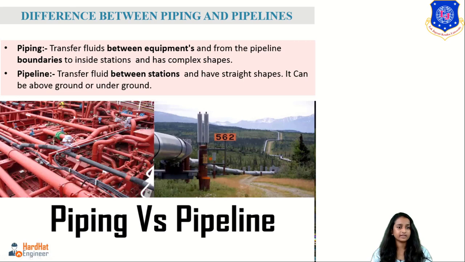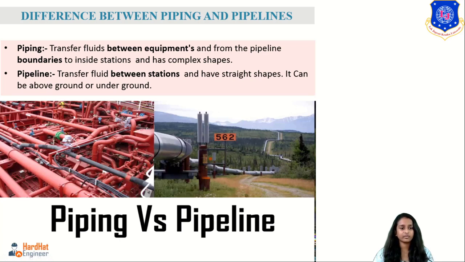So now we will understand the difference between piping and pipelines. Piping transfers fluid from one equipment to another equipment in one industry and has a complex shape. As you can see from the figure, the piping has a complex shape. And what is pipeline?